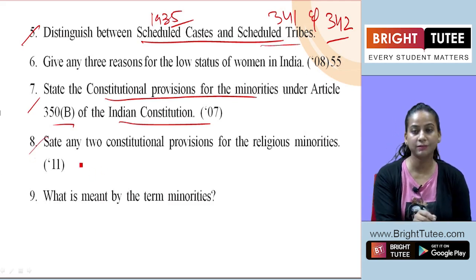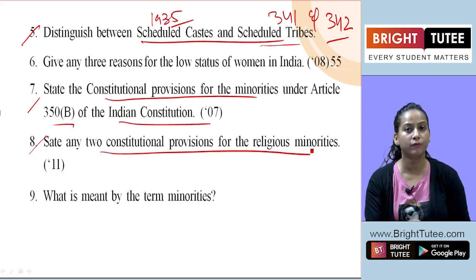The next one they have asked, state any two constitutional provisions for the religious minority.